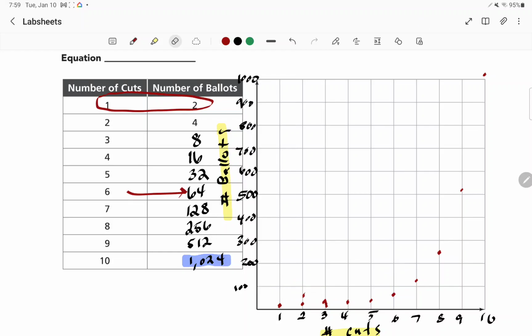Now let's take a look at number 2. How does the growth pattern show up in the graph and the equation? Now look at your y values. Remember, y is a vertical change. And so these are your y values right here. So we're asking ourselves, looking at the change, because x changes by 1, but the change in y is different. Because from here to there is plus 2, plus 4, plus 8, plus 16, and so forth.